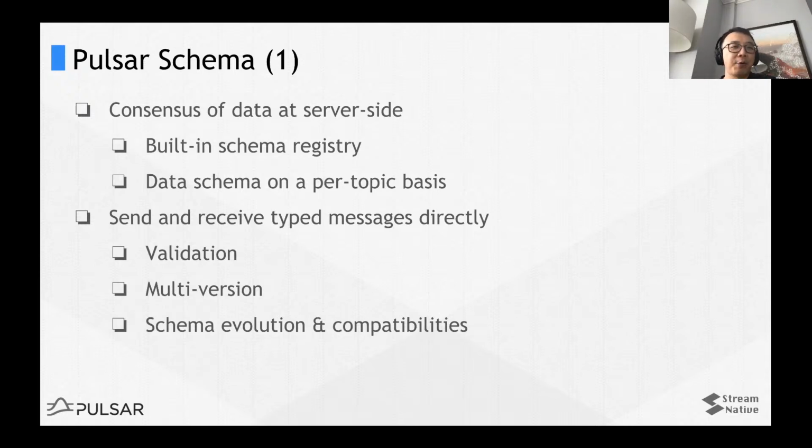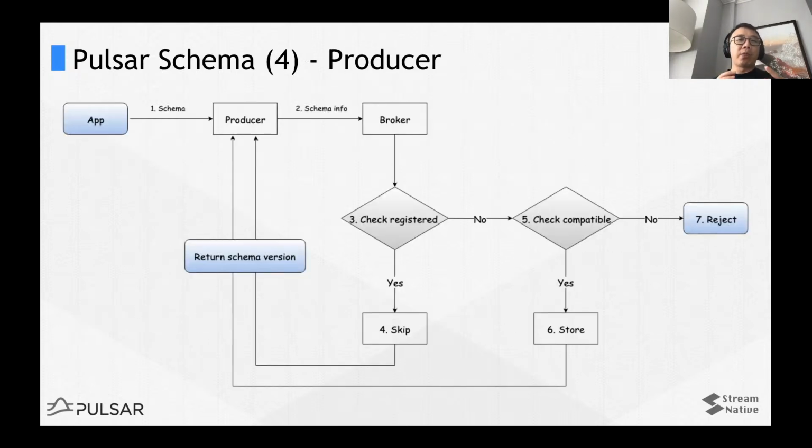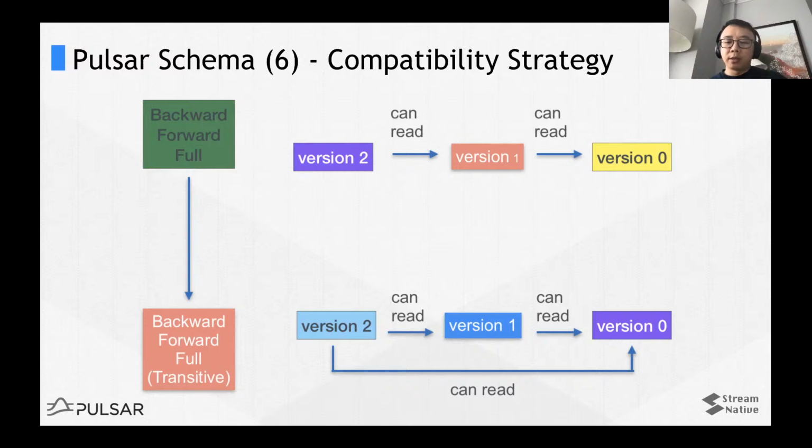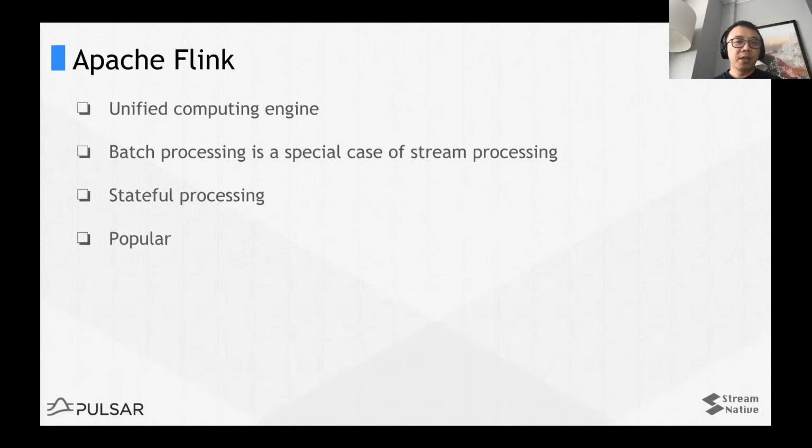I think we already covered a bunch of the schema talk in a previous episode, so we can skip this section. But the idea here is that with schema as a first class citizen, Pulsar is not just a messaging pipe. It's actually event stream storage with structure. Once you have the structure, you can do a lot of amazing stuff, especially when you integrate with a query engine or data processing engine like Flink.